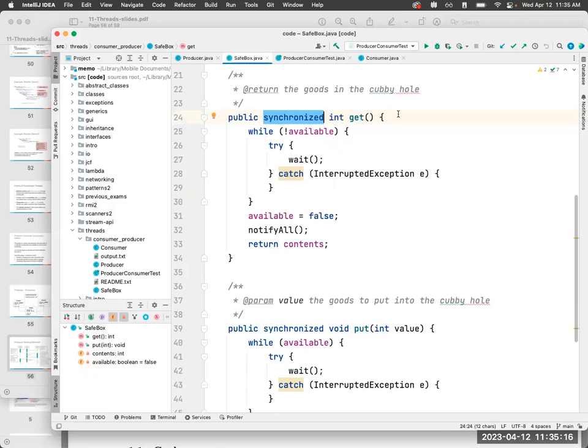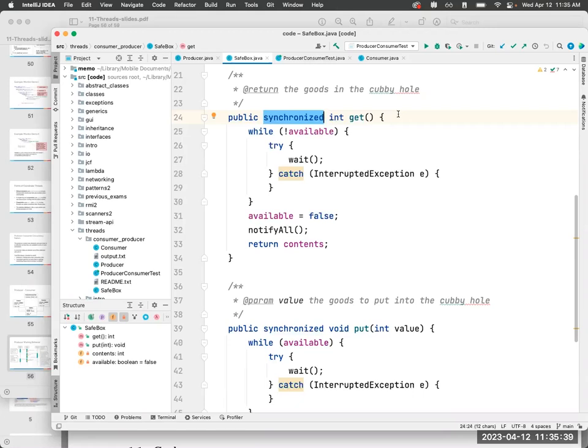Because I might have multiple agents using the same safe box, right? So I don't want to have multiple threads actually executing these methods at the same time, because again, they would potentially be changing the state of my safe box. So I want to create a mutually exclusive area here on that one safe box, okay?